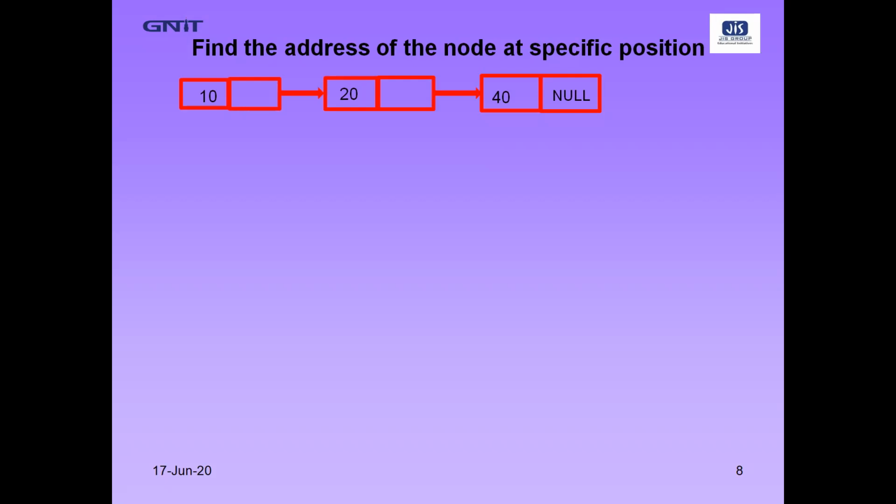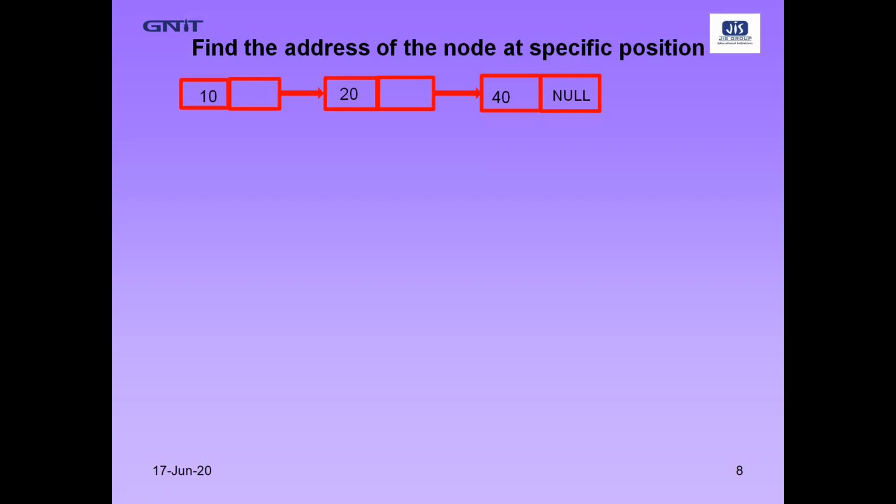So return of ptrtemp basically points to this node, that is the third node, right? In this way we find the address of a node at a specific position.